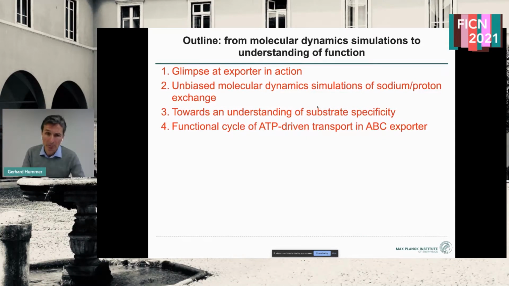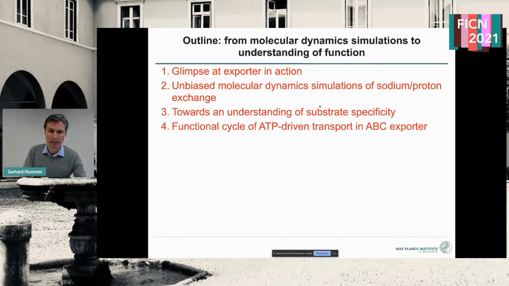I will then, in the main part of my talk, use a simulation system that is designed for rare event sampling to look at the exchange of ions and protons in a sodium proton antiporter.